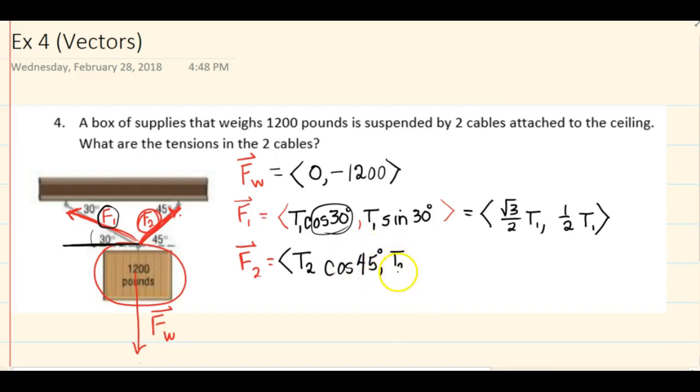I do the same thing for the vertical, so T2 sine of 45 degrees. And we actually know those values, so we're going to find that that's going to be the square root of 2 over 2 T2 and square root of 2 over 2 T2. Now again, I'd used T1 and T2 for the tensions, but we could have used different letters. And in fact, I might just change those in just a second.